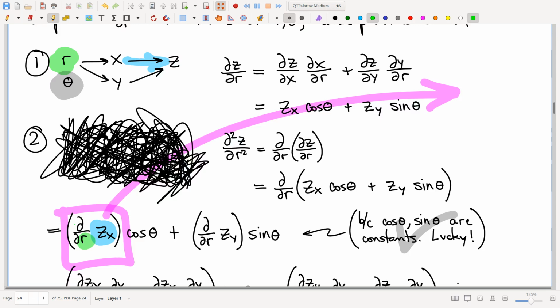Here's another thing some people like to do, and that is to rewrite this thing as z_xr. And I claim that is very, very bad. You can't do that. That doesn't make any sense.